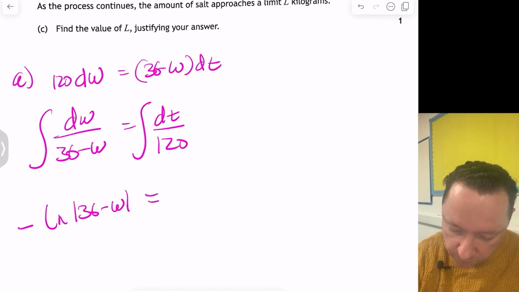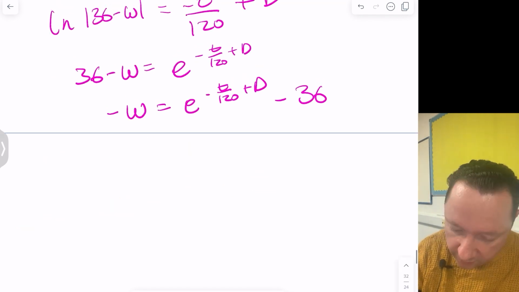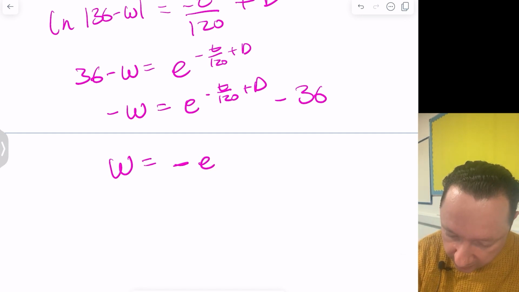That equals, well, that's just 1 over 120, and we've got t, so it's t over 120 plus some constant, let's call that c. And therefore W equals minus e to the minus t over 120 plus d plus 36.